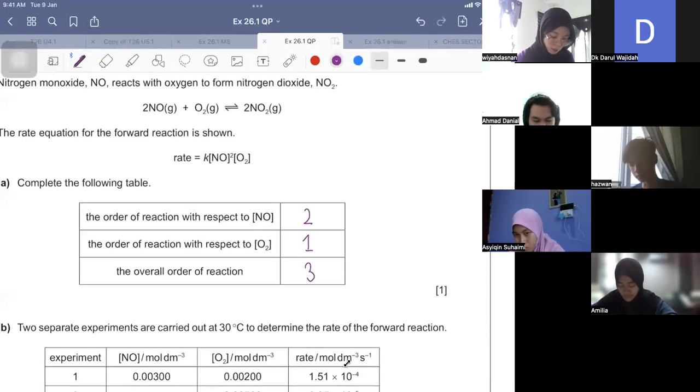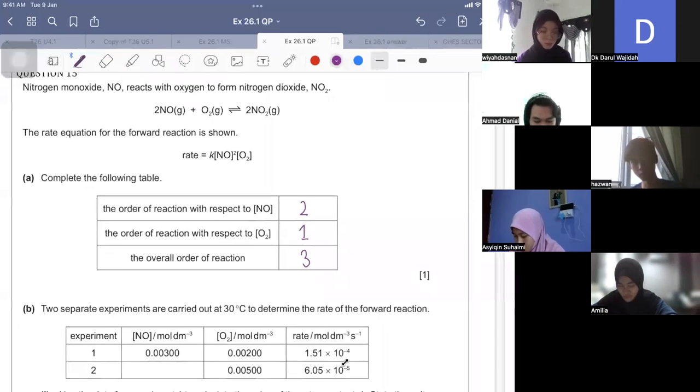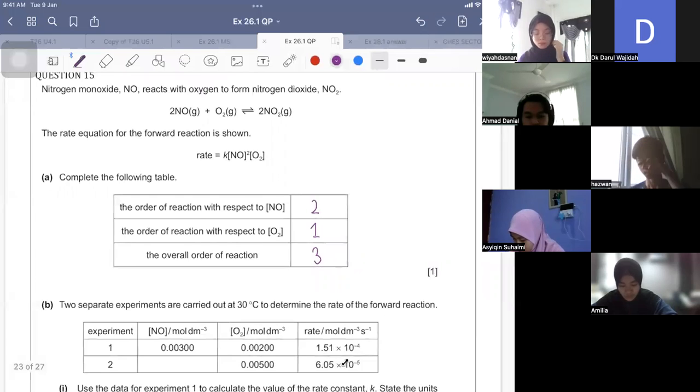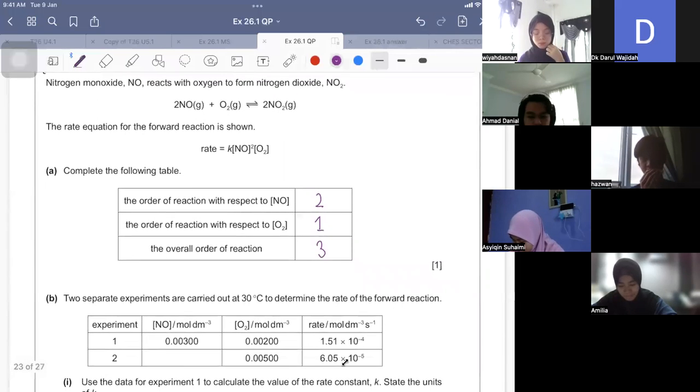Okay, right. Next, we want to look at the 2 separate experiments carried out at the same temperature. That's the keyword, same temperature, but different initial concentrations.